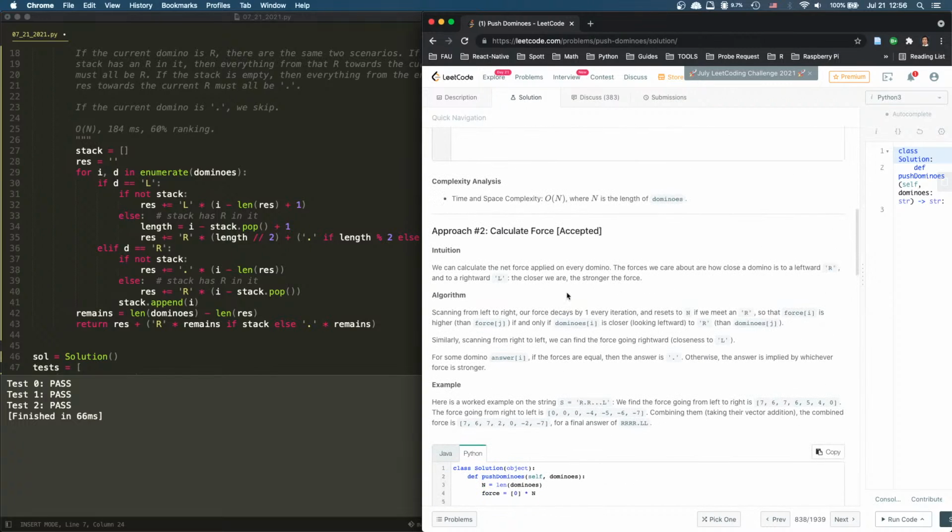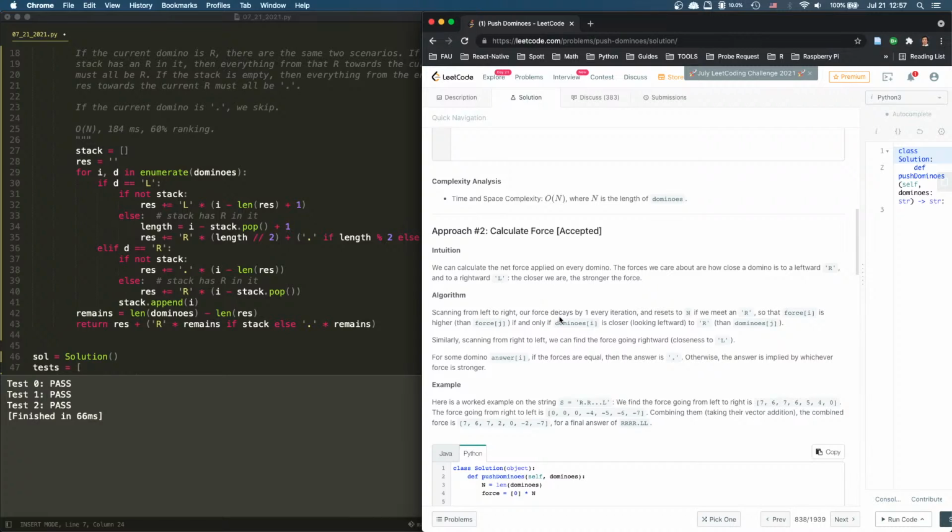Let's read the second one. We can calculate the net force applied on every domino. The forces we care about are how close a domino is to a letter R, a rightward R, and a leftward L. The closer we are, the stronger the force. Feels like talking about Star Wars, huh? The force.